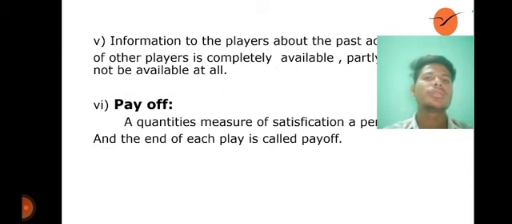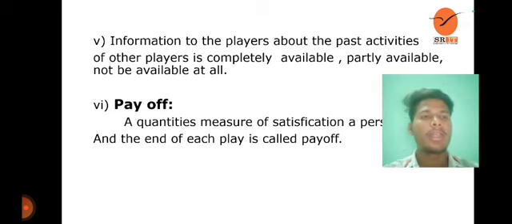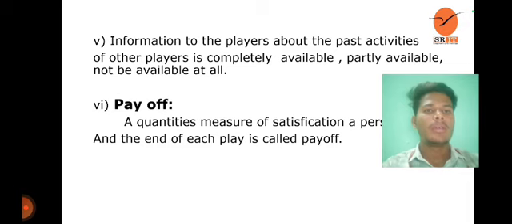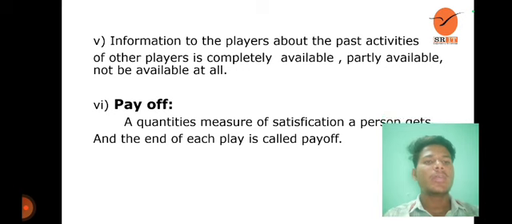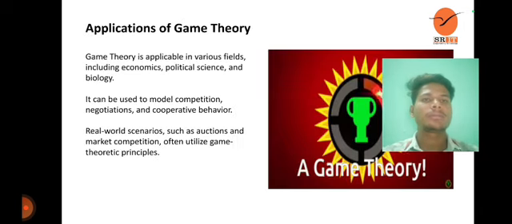The next slide goes to the fifth one: information to the players about the past activities of other players is completely available, partly available, or not available at all. The sixth one is payoff. Payoff is a quantitative measure of satisfaction a person gets at the end of each play.